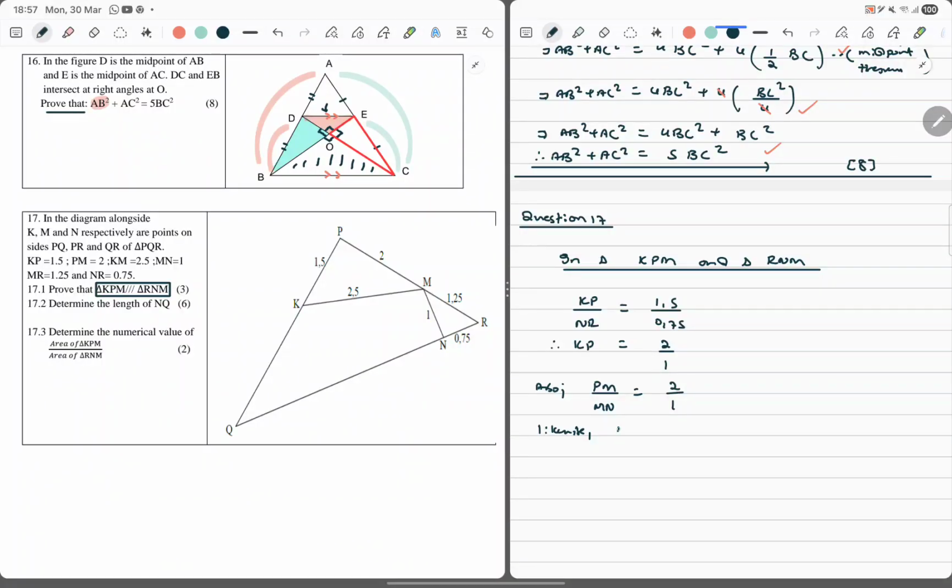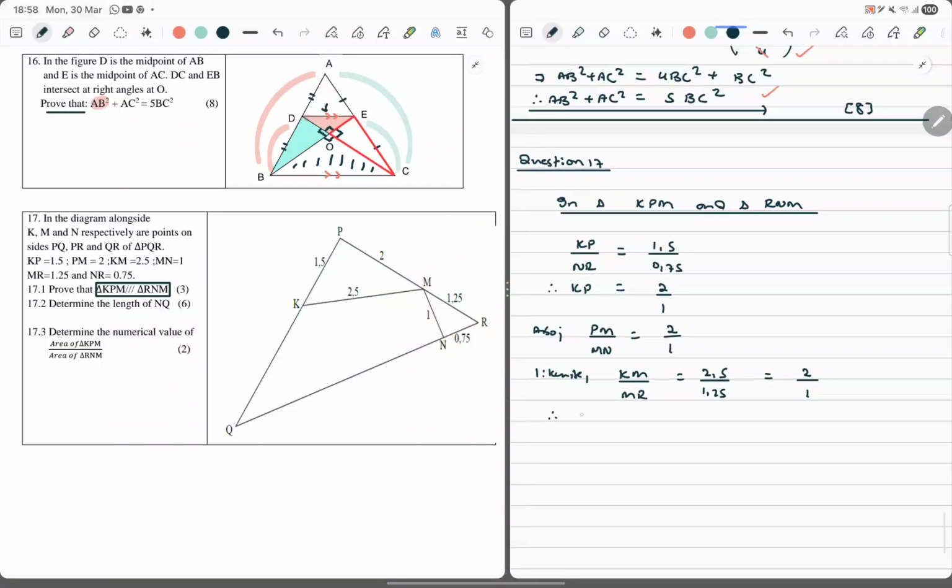It's going to be KM divided by MR. Right, so that is going to be 2,5 divided by 1,25, which is also going to be 2 over 1.